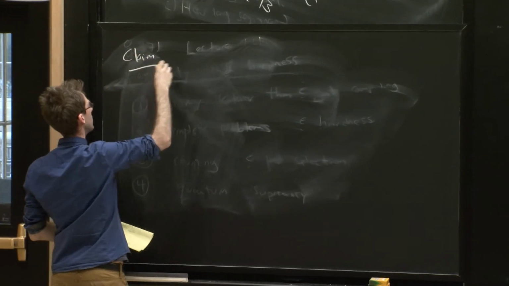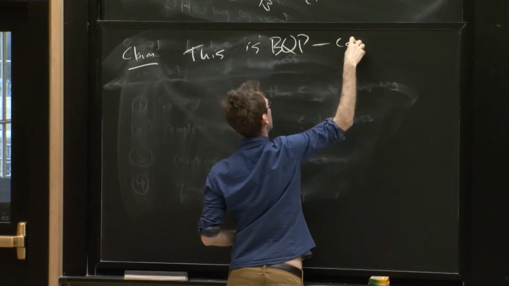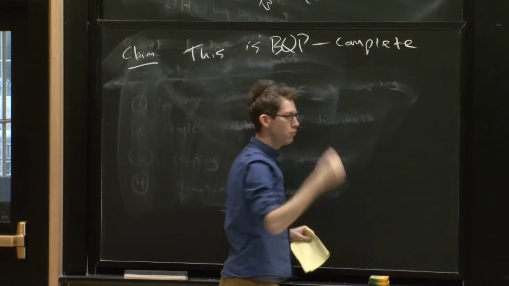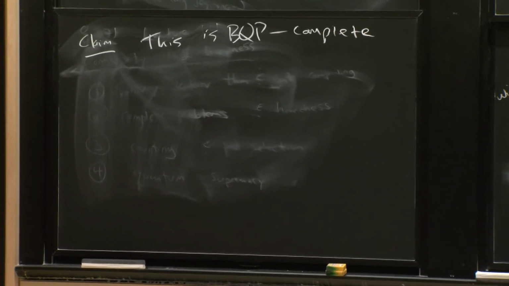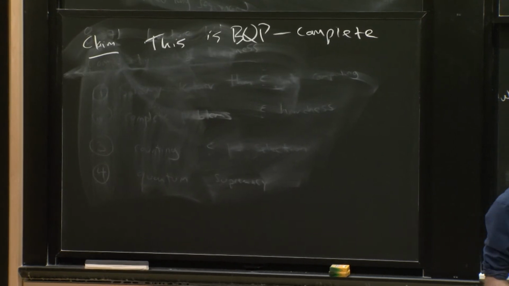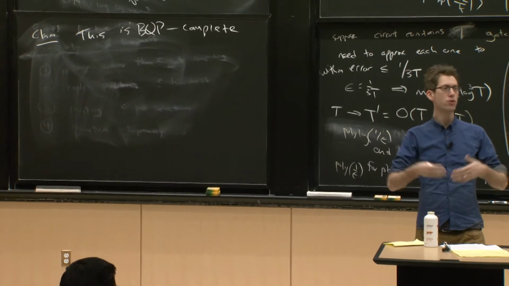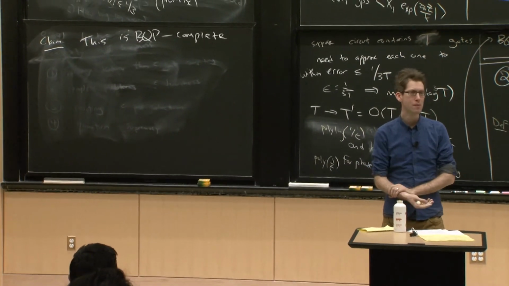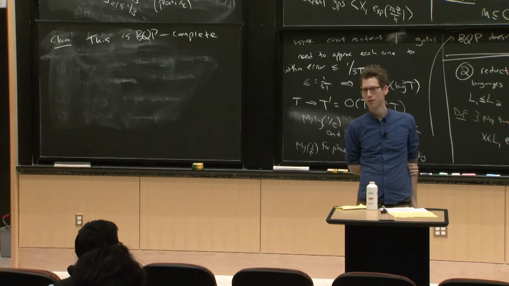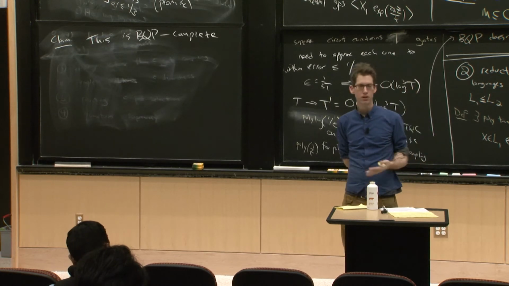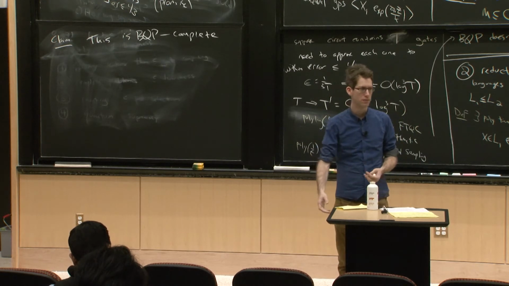I claim that this is BQP-complete. So first of all, I claim it's in BQP. Why is that? Well, if I'm given this as input, I just run the circuit and I measure, and I use the output directly, and I'm promised that the output has probability at least 2/3 of being one thing or the other, and so with error probability less than 1/3, I can distinguish which is the case.